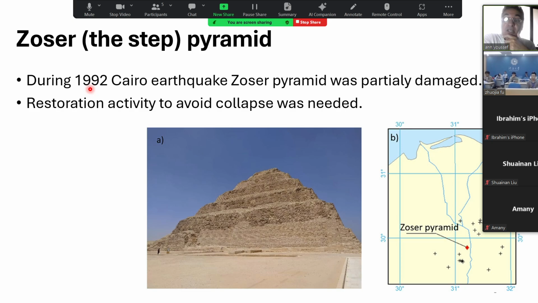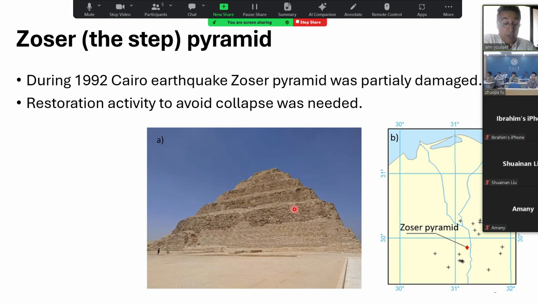I was 22 years old when this earthquake struck Egypt, and it was awful. I had this experience. It was about 5.9 on the Richter scale, but the problem was it lasted about 60 seconds. It was really awful, and this monument deteriorated a lot from this earthquake.